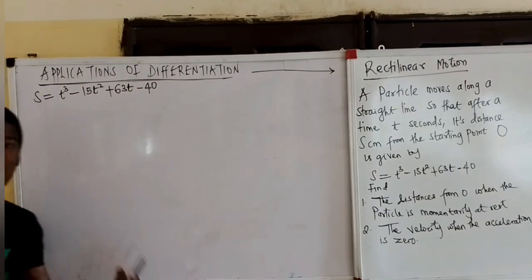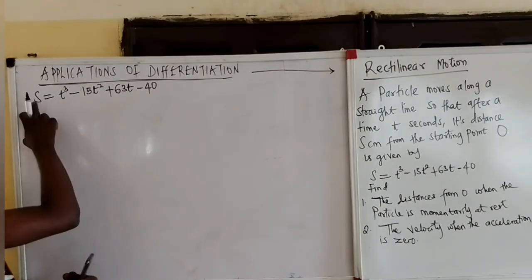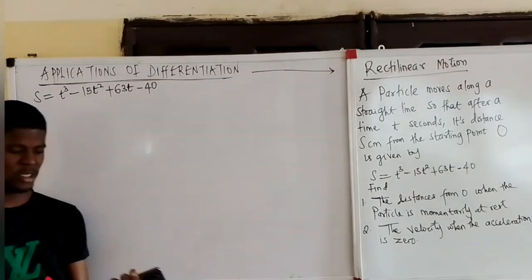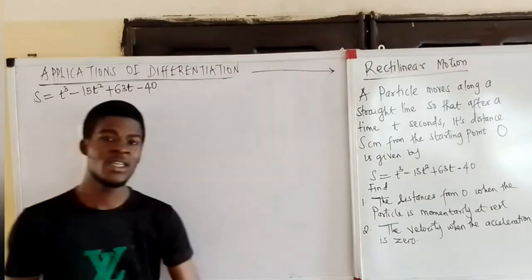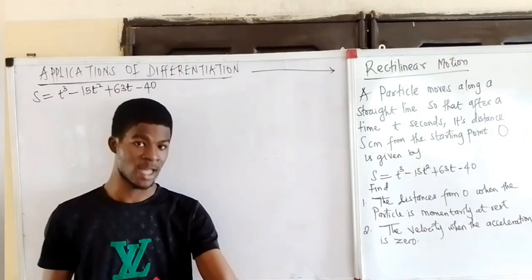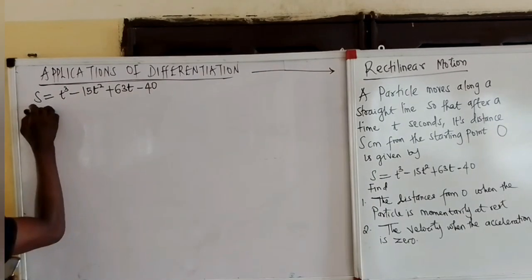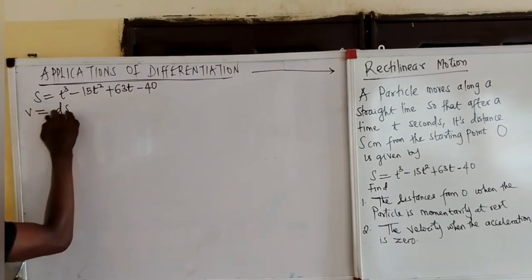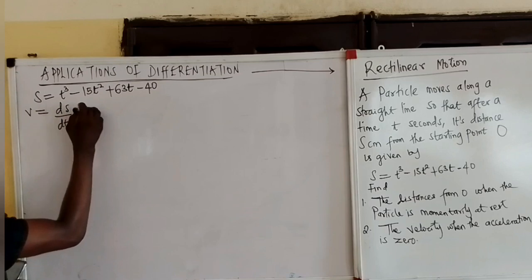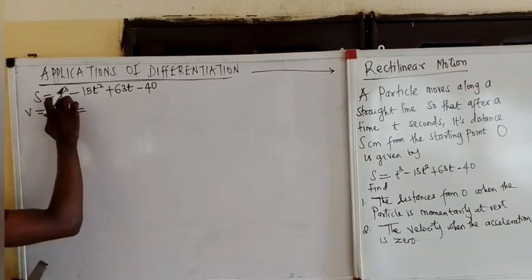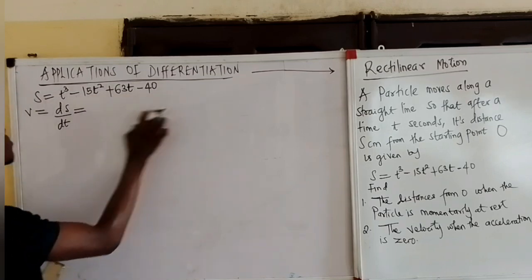To get the velocity, we are going to differentiate x with respect to t because velocity is the rate of change of distance with time. So velocity v is equal to ds over dt, and this is equal to, I'll differentiate each of the terms I have here.